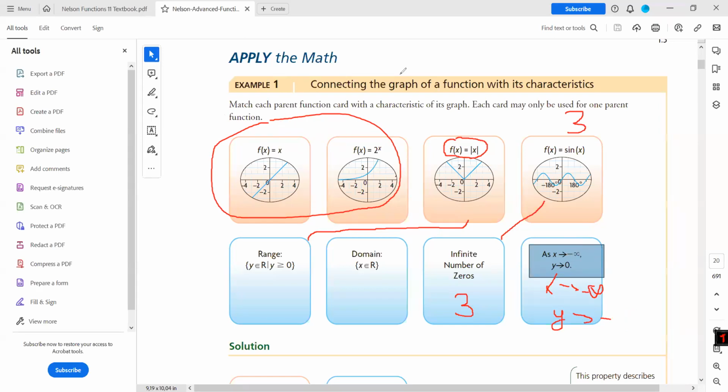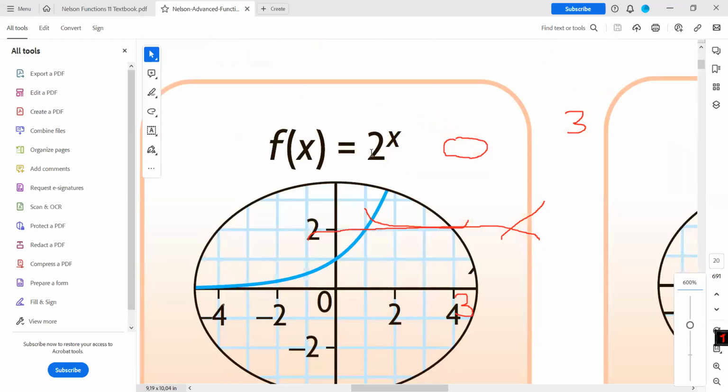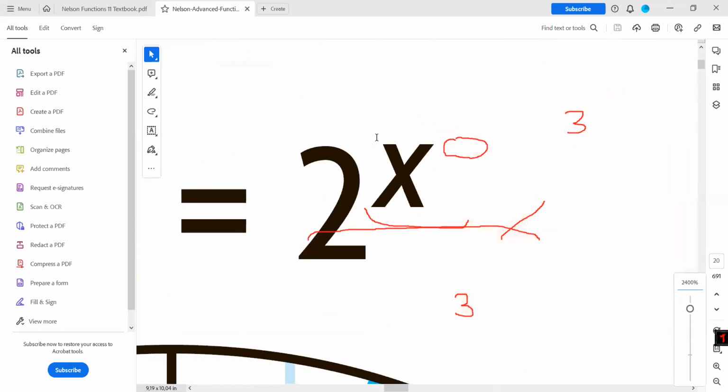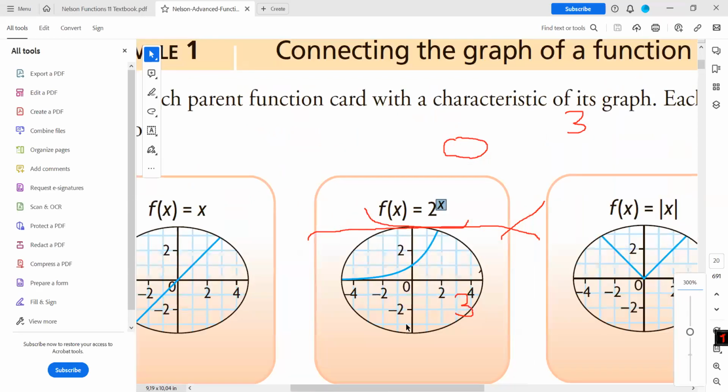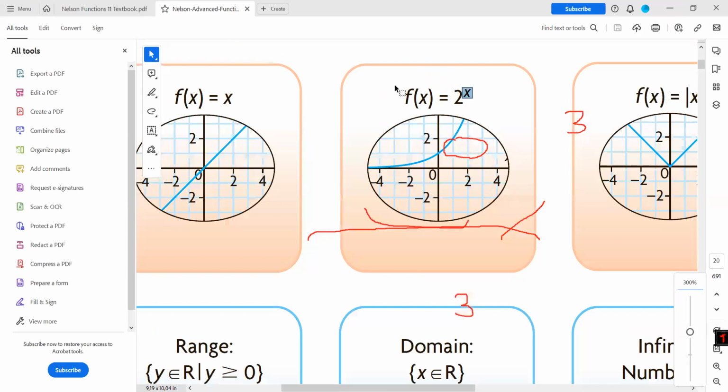Okay, so there is only one function left, and this card is going to fit this graph, because you can see here, I'll zoom in a little bit. You can see how this curve behaves. As you travel x to negative infinity, so you take x, a really big number, you're going to see that your y value becomes something like 0.00000 and many zeros.